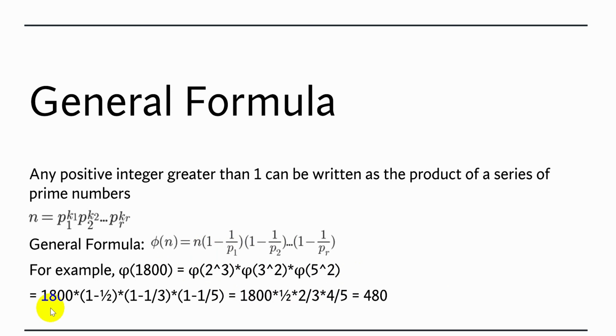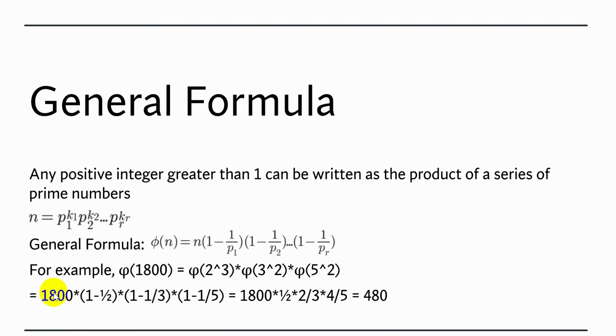So that equals n, which is 1800, times 1 minus 1 over p1, which in this case is 2, so 1 minus 1 over 2. And then times 1 minus 1 over p2, which is 1 minus 1 over 3. And then pr is 5, so it's times 1 minus 1 over 5.